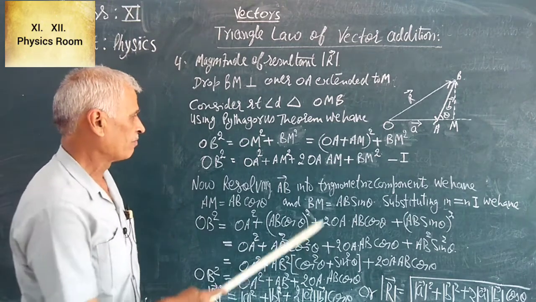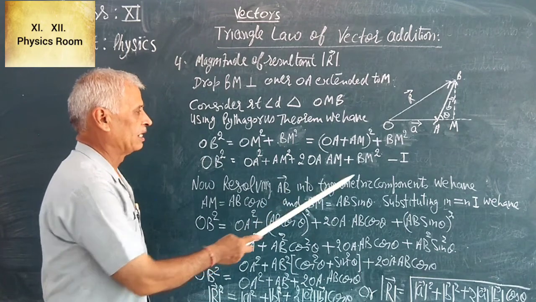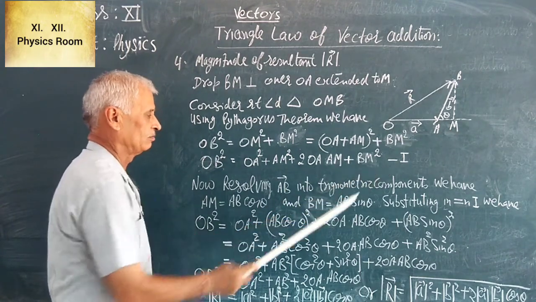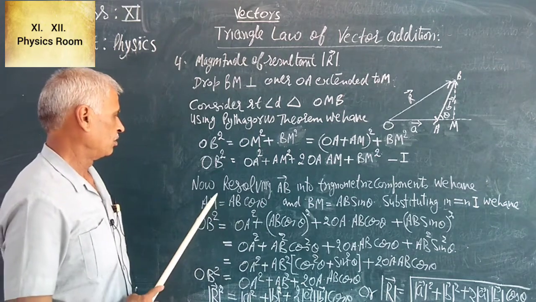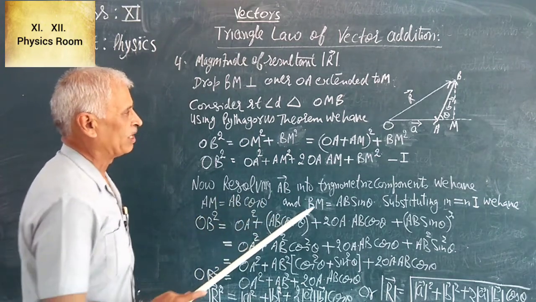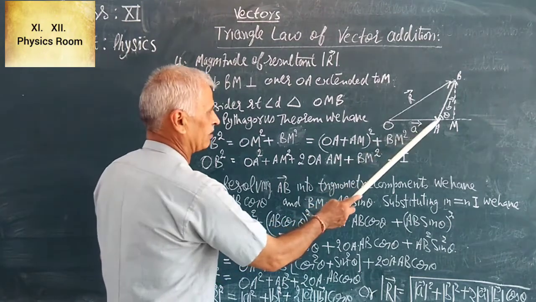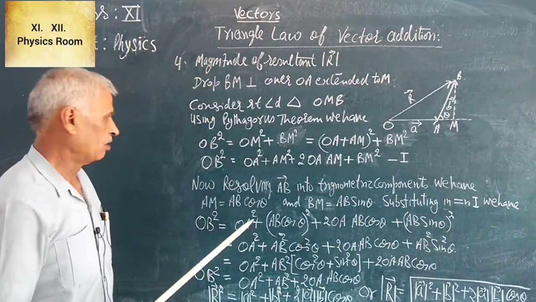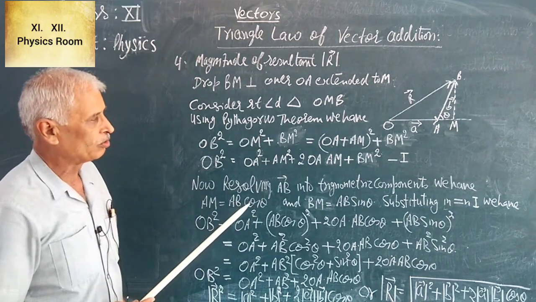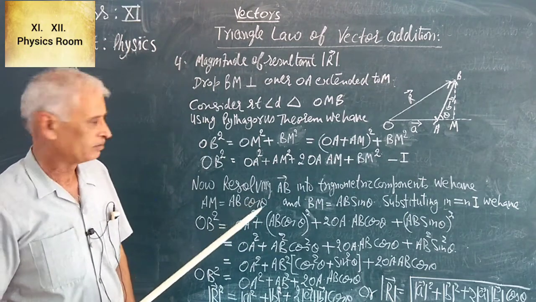This is the formula. Let us mark it as equation 1. Now we go for components of a vector. Now consider vector AB. Now we resolve this vector into trigonometric components.